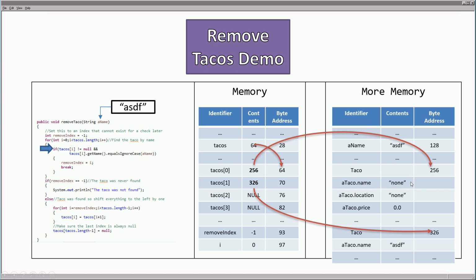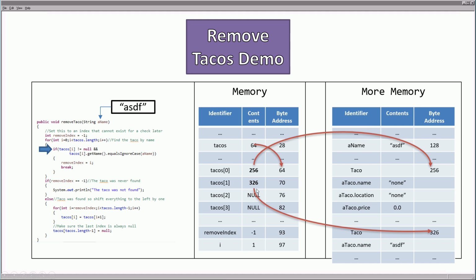None is not equal to ASDF. So that is false, and so we have to move on. Increase i by 1, now i is 1. If tacos at index i is not equal to null, tacos at index 1 is 326. This is not null, so that is true.